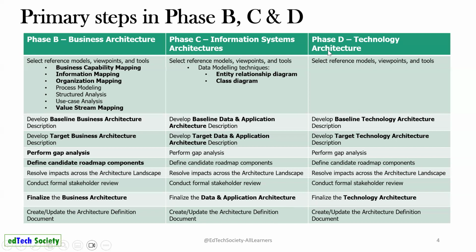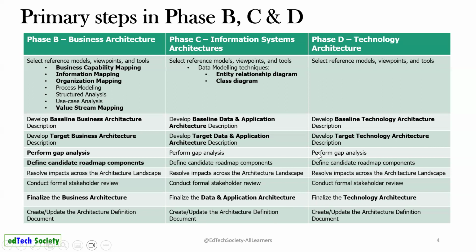On the same format, for Phase D technology architecture, the primary differences, as you can see in the highlighted part, are developing the baseline and target technology architecture and finalizing the technology architecture.